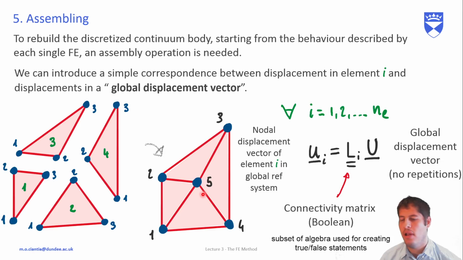So for example, we will know that global node 5 represents the same information as local nodes 2, 2, 2, and 3 of elements 3, 4, 2, 1 respectively, okay. So this is what happens during the assembling.